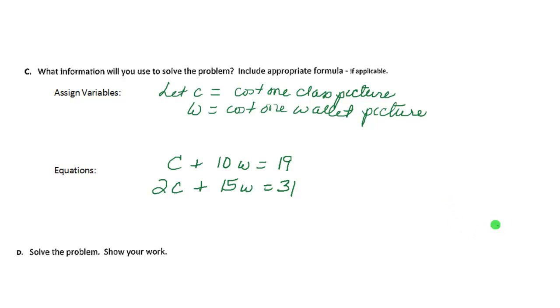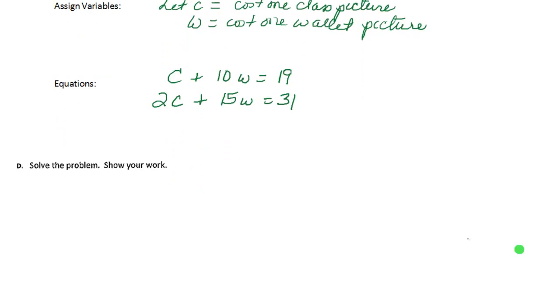So this one we can use either substitution or elimination. It's going to be your choice. Let's see, why don't we use elimination, and we'll eliminate the C's. And we need these to be opposites. So this is a 2, so if we can make this a negative 2C, then we'll be all set. So we're going to multiply by negative 2 this entire row.